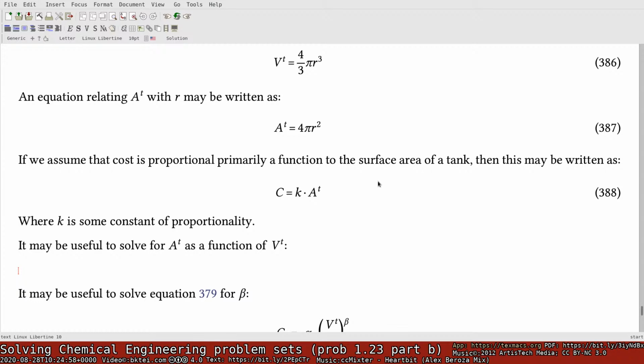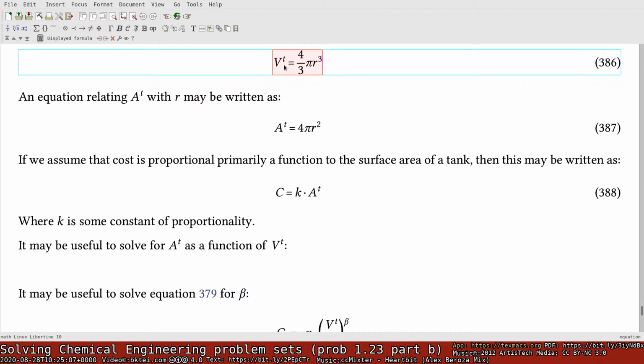We could solve V sub t in terms of R, or we could take the third root of this, and then square it, and then we'd be left with R squared.